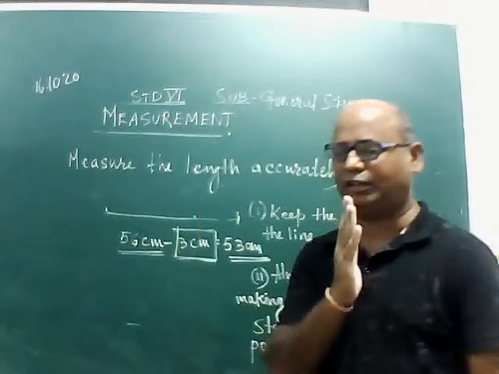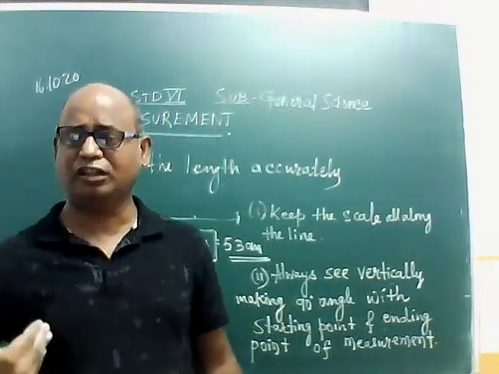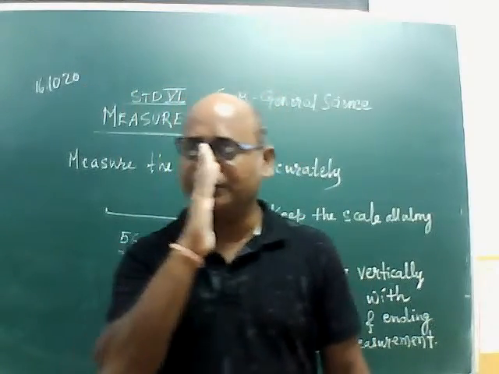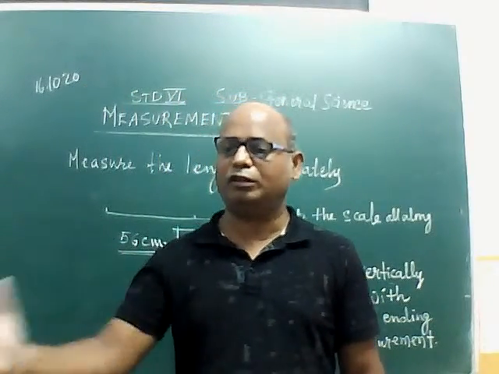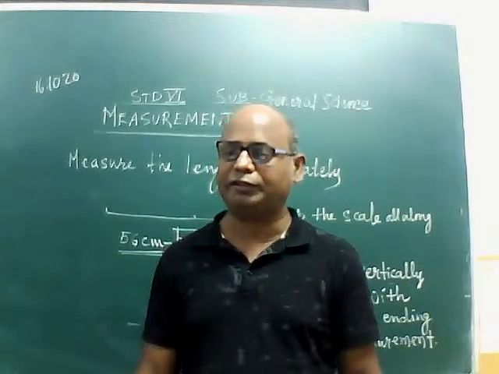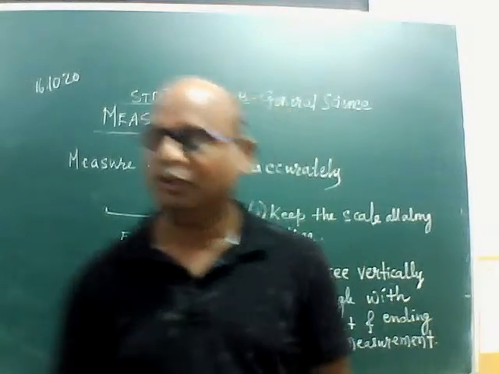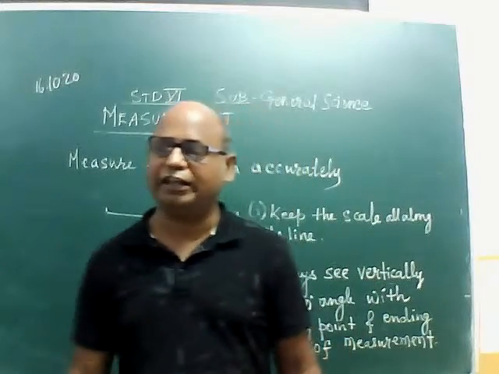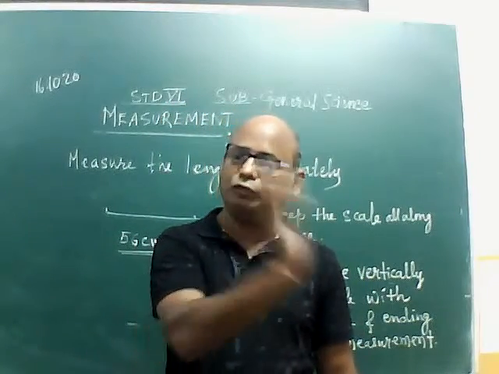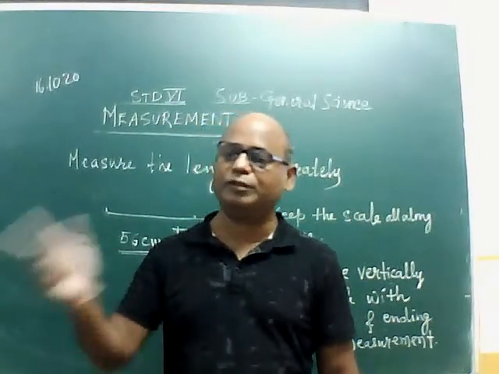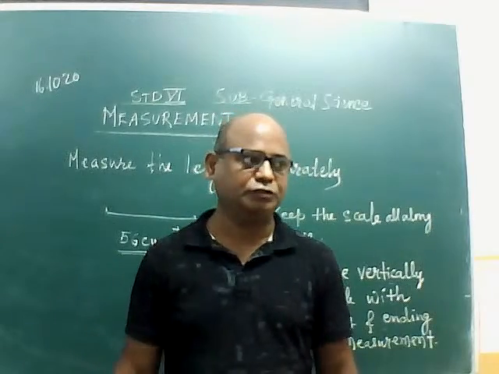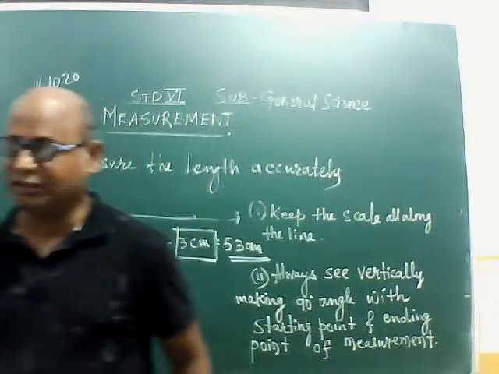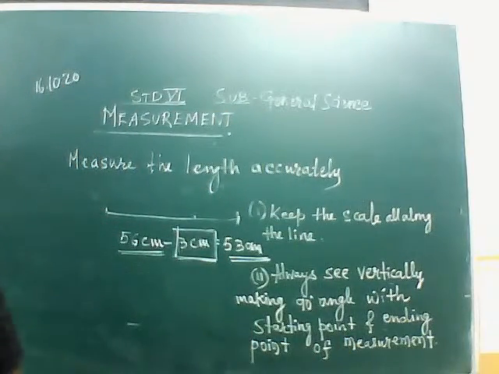Don't see from the left side or right side, but make a 90-degree angle on the starting and ending point. And if the scale is broken, leave that part. And whatever you left, subtract it from the final result. So this is the way to measure the length.